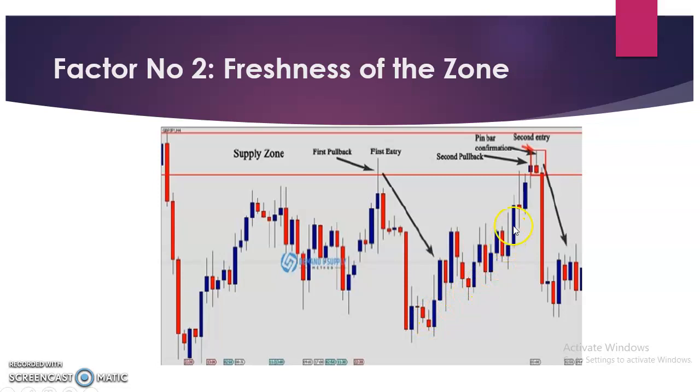And again, price came into that zone one more time, to mitigate that particular zone for the second time. And again, the price what? Simply just went down. So it means that from this same zone, we could have had two different trades.